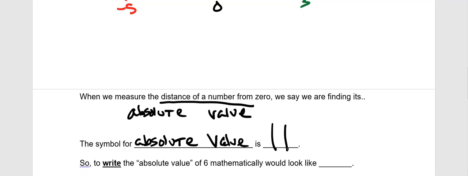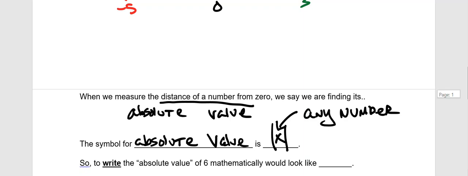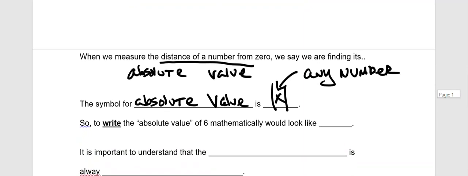And it's represented by these two bars with some value in the middle. And that x means any number. So I can replace x with 7, and I'd be asking to find the absolute value of 7. I could replace x with negative 15. Now I'd be finding the absolute value of negative 15. In either case, I'm just simply measuring how far that number is from 0.